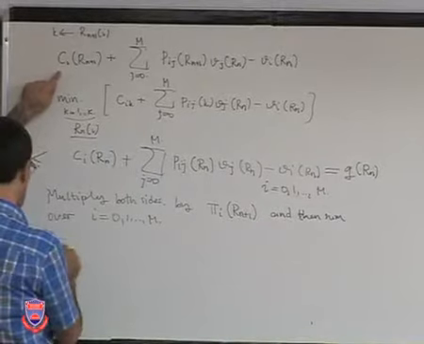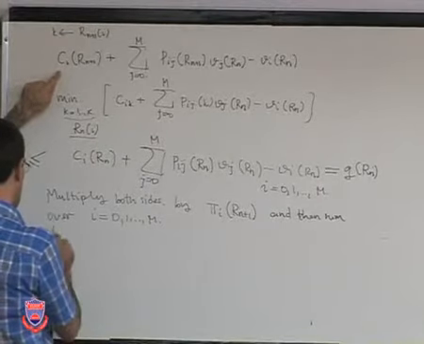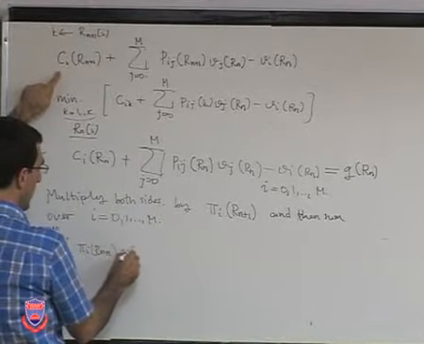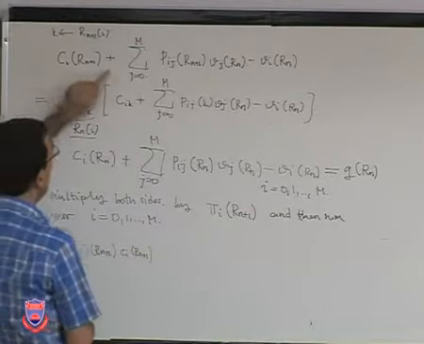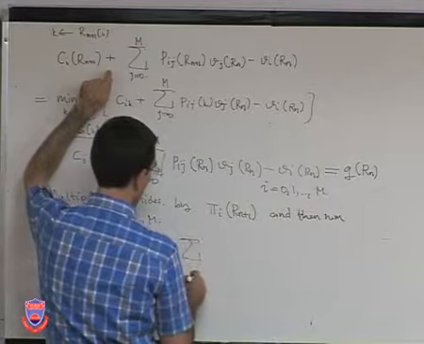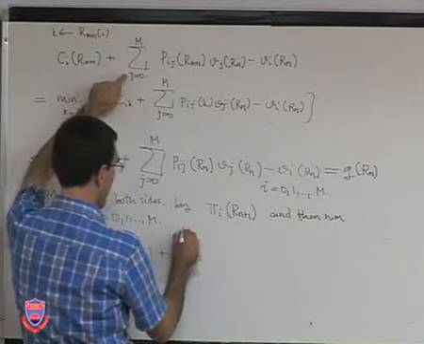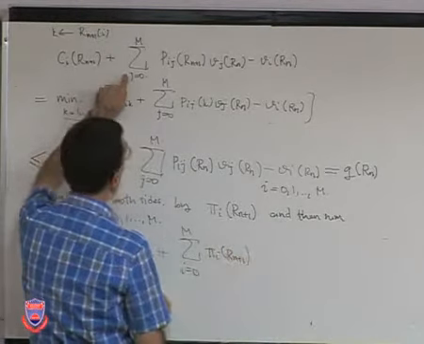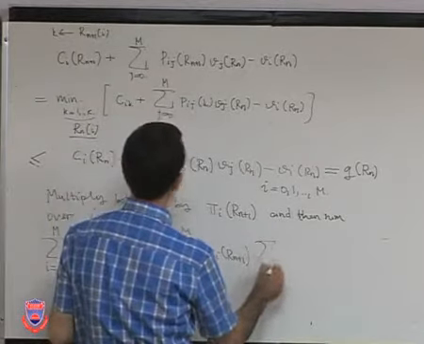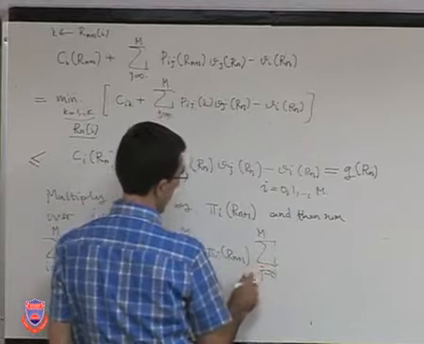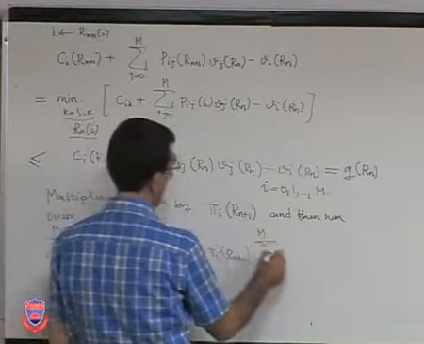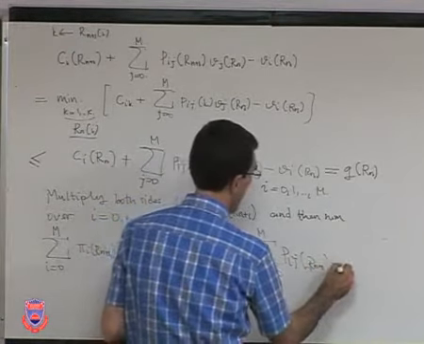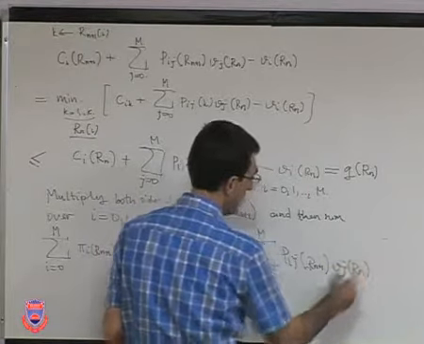Let's look at here. So you have the sum as I changes from 0 to m of pi I under Rn plus 1 times the immediate expected cost under policy Rn plus 1, the new policy, plus the sum from 0 to m over I of pi I under Rn plus 1 times this sum over j, as j changes from 0 to m, of Pij under policy Rn plus 1 times the relative value of state j under the old policy Rn.